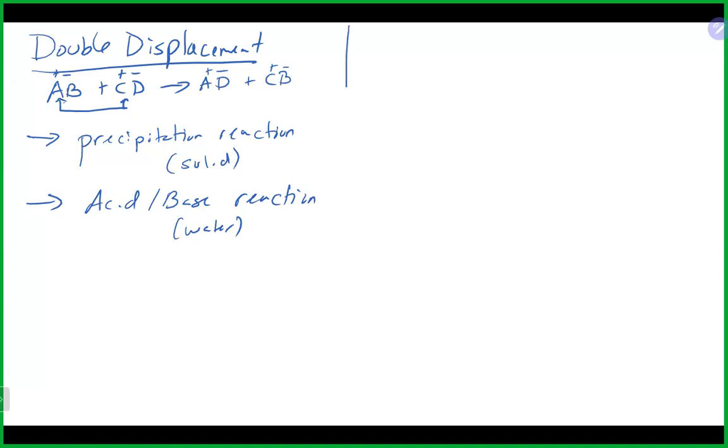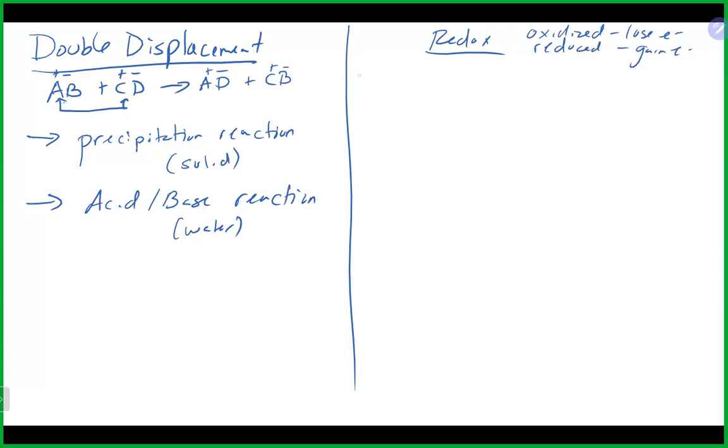The other big classification, again, is the redox classification, where we have things being oxidized, where it loses electrons, and reduced, where it gains electrons. Now, again, more specific classifications of redox reactions are our synthesis, our combination, where again, two things make one thing.